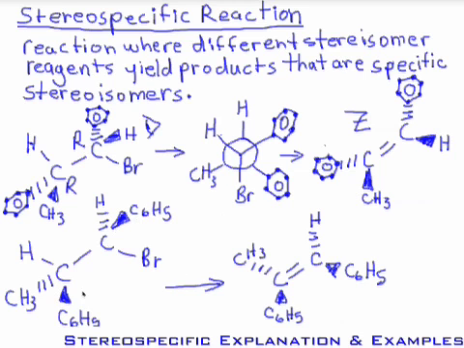They're both located on the wedges, and so when the Br and H, the dashes, leave, we get the H and CH3. So it's still Z. This is the SS isomer, because I've changed both chiral centers. So RR gives me the Z isomer. SS gives me the Z isomer.